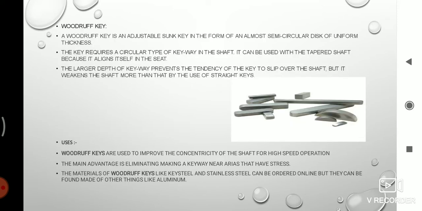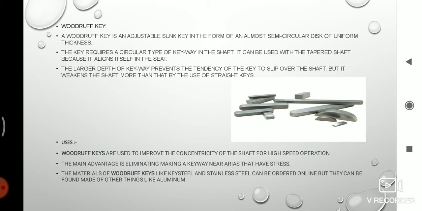Woodruff keys. A woodruff key is an adjustable sunk key in the form of an almost semicircular disc of uniform thickness. The key requires a circular type of keyway in the shaft. It can be used with a tapered shaft because it engages itself in the seat.